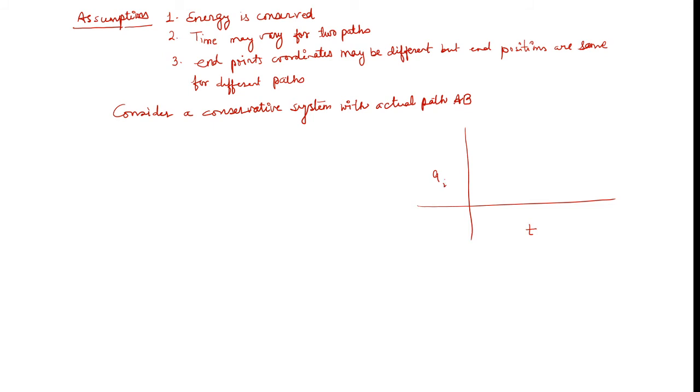Suppose AB is the actual path, this is time t0, and this is t1, and let there be an alternate path, this is the alternate path. Then again the position coordinate is held fixed for this path, but the time coordinate may vary. So it reaches this point in time t1.